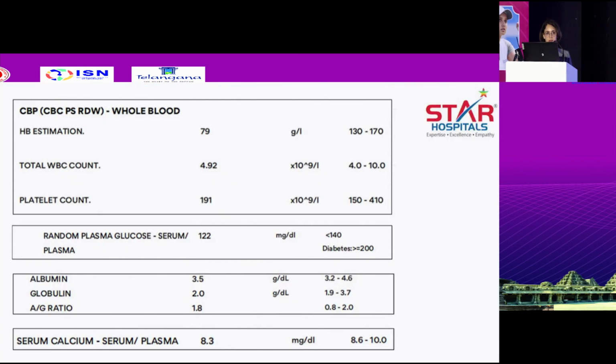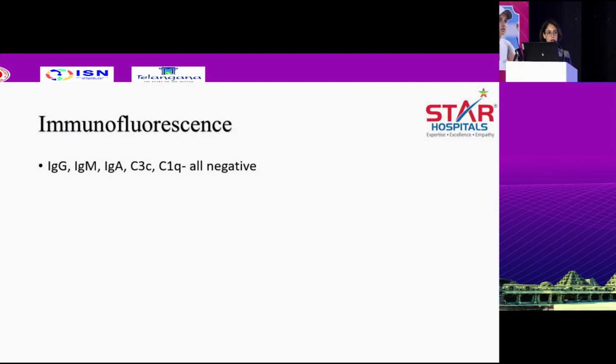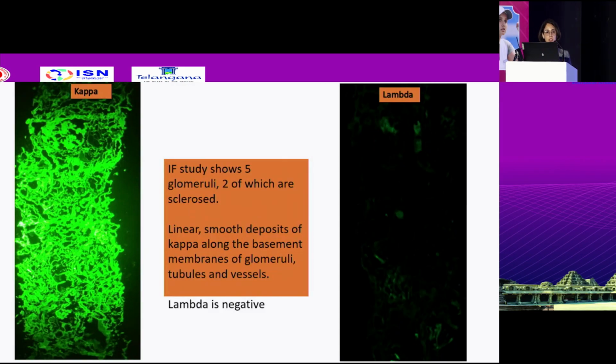Meanwhile, we went through the labs and his hemoglobin was low, WBC and platelets were normal, serum glucose was normal, albumin globulin ratio was nearly normal, and serum calcium was a little on the lower side. Coming to the immunofluorescence, all the immunoglobulins and the complements were negative, but this is the light chain.